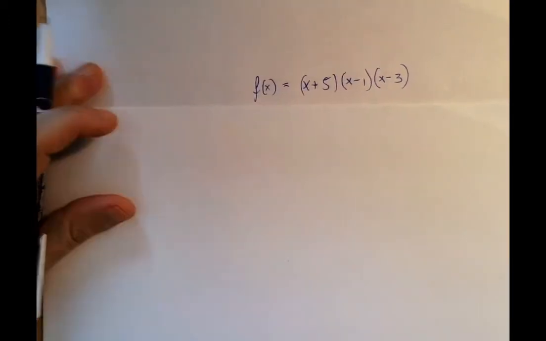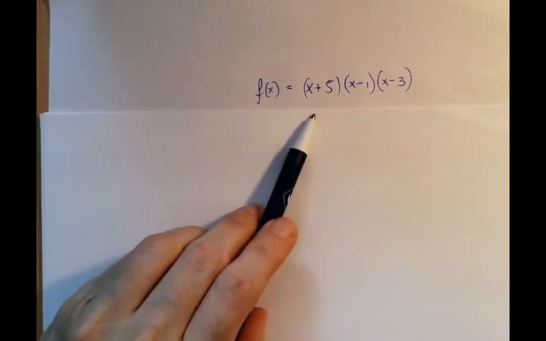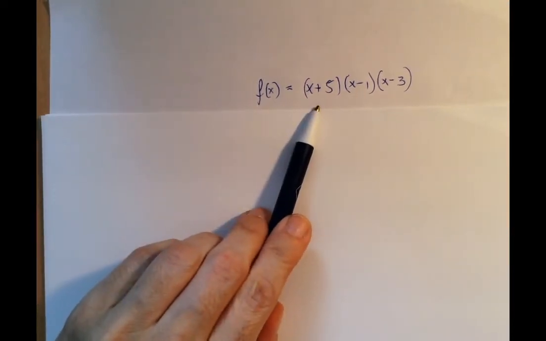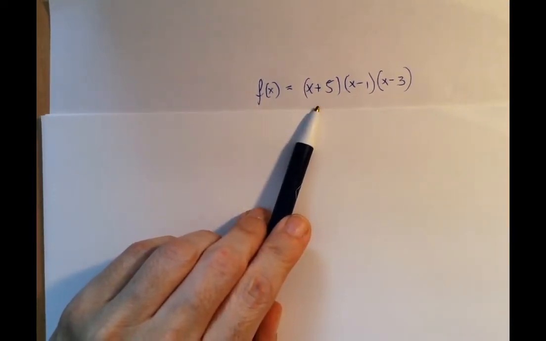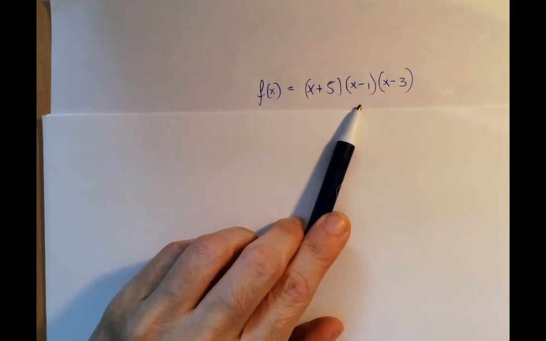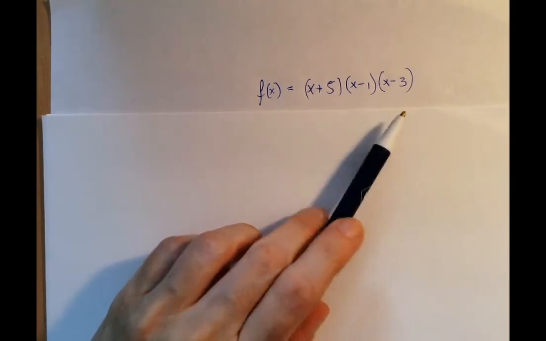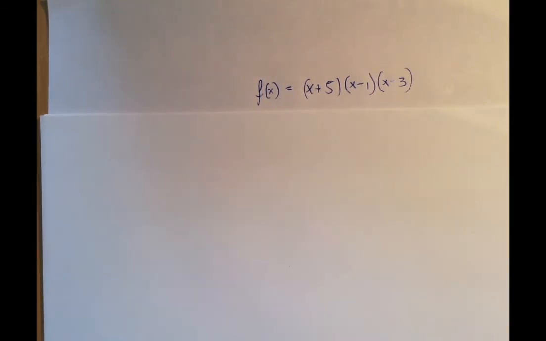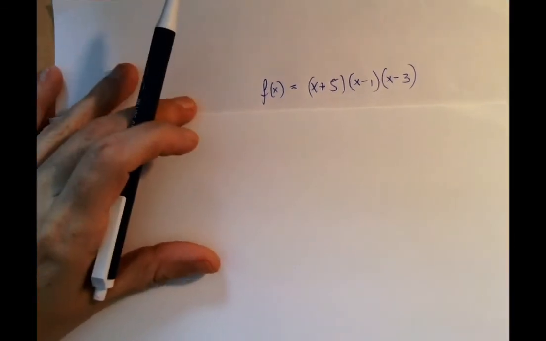What is easy is to see that this factor is negative whenever x is less than -5 and positive when it's greater than -5. Same story here, but instead of -5, it's at 1. Same story here, but at 3. It's a little bit confusing to keep track of how many factors are negative at a time. But that's just keeping track of it, so there is nothing deep or difficult going on.